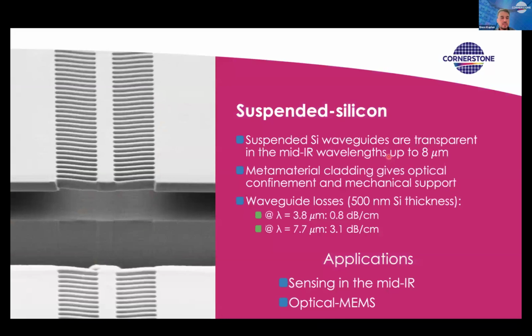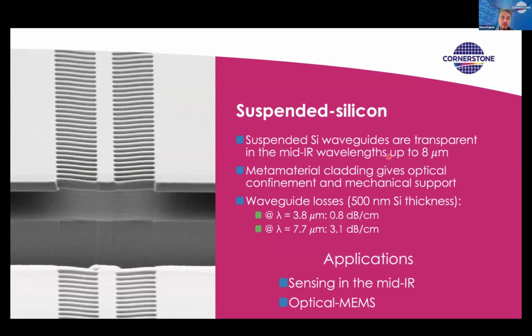The next platform is called suspended silicon. Silicon itself is transparent up to 8 micron, but when you put it on an insulator, in this case silicon dioxide, it is quite absorptive at 4 micron and longer wavelengths.